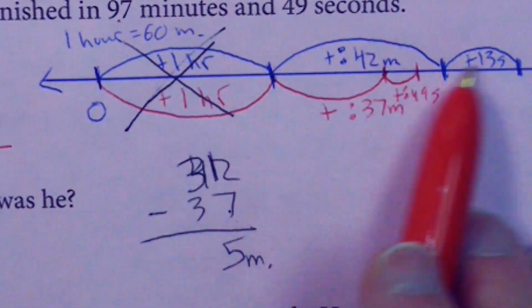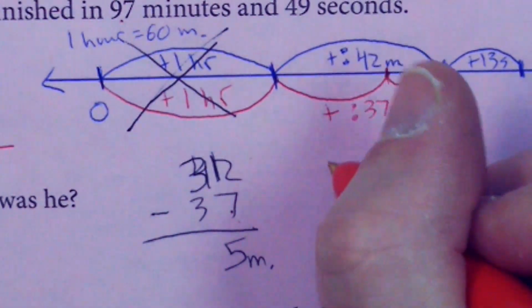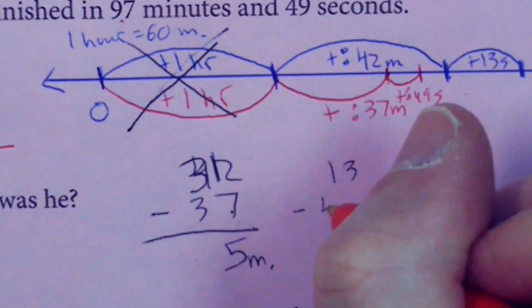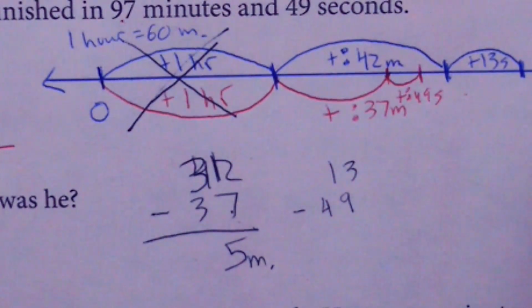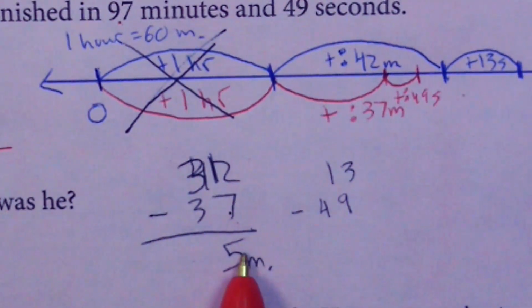But then I have this 13 versus 49. That's going to be a little tricky. I can't really take 13 seconds and subtract 49. Doesn't really work that way unless I borrow one of these minutes. Okay? What does that look like?